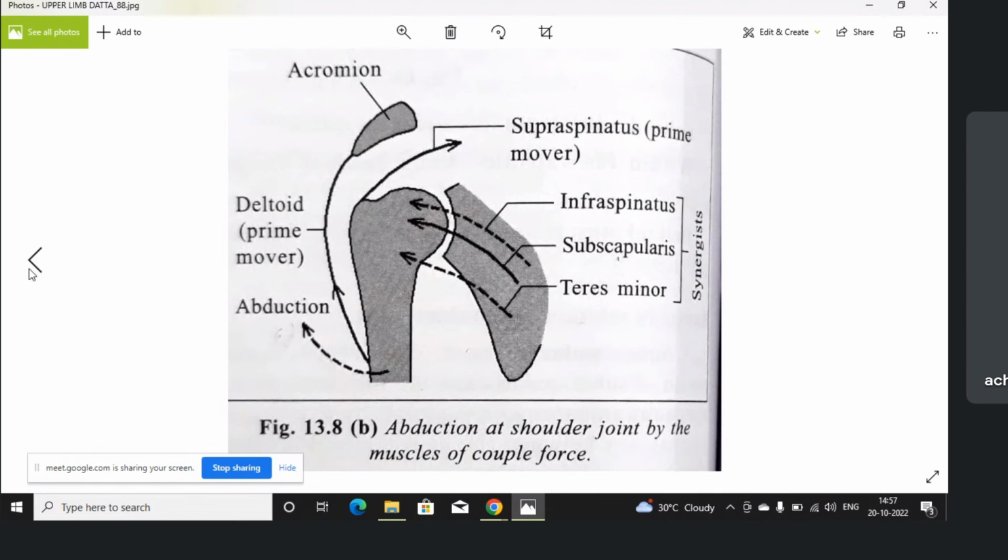Next, medial rotation of the shoulder, lateral rotation of the shoulder, and bowling movement, that is circumduction.